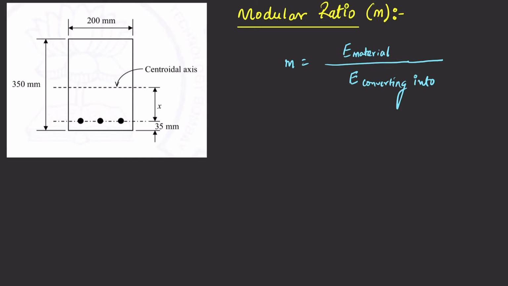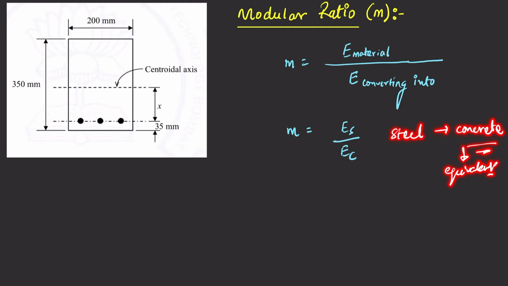So for example, in this case, the modular ratio will be elasticity of steel with respect to elasticity of concrete, because we will try to transform the steel into concrete, or I should say the equivalent concrete.